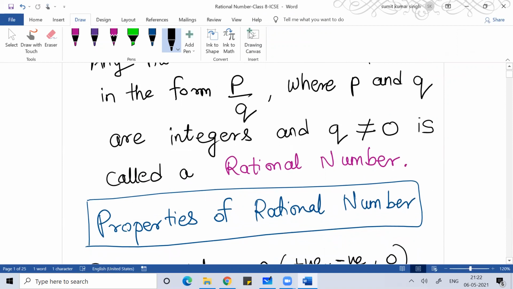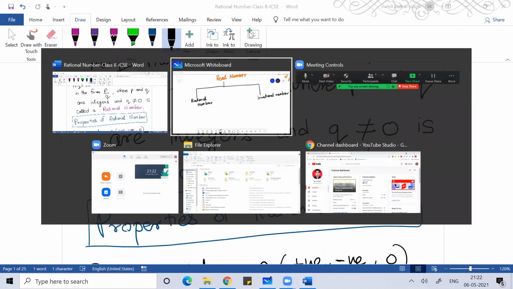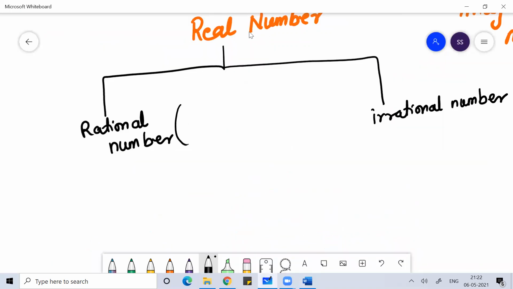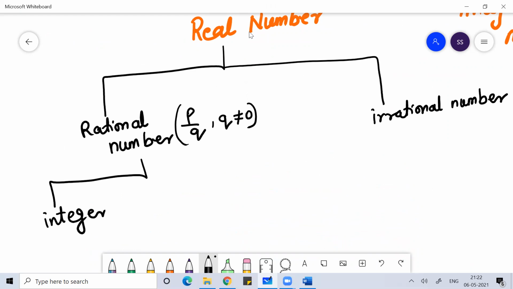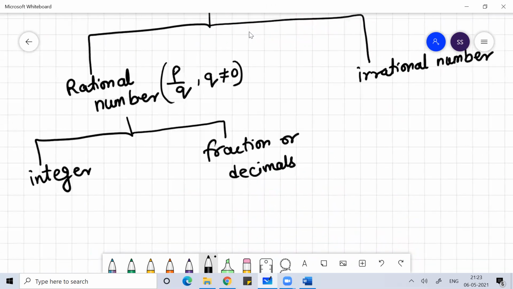Okay, so you should know about rational numbers. Rational numbers are those numbers which we can represent in the form of P by Q, where P and Q are integers and Q is not equal to 0. When we say rational number, it can be an integer or a fraction, or if you talk about decimals, they can be decimals. In decimals, we should be very specific about what kind of decimals they can be.